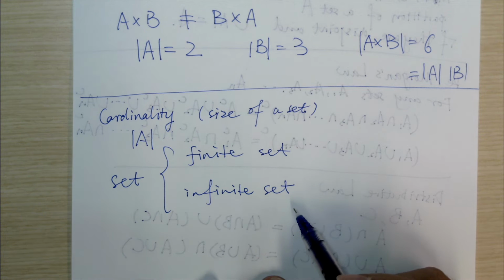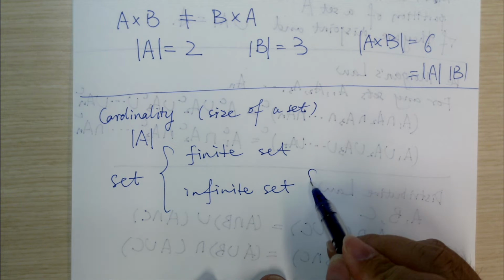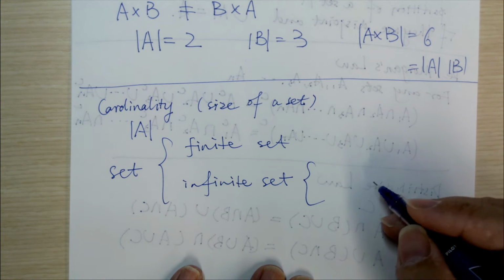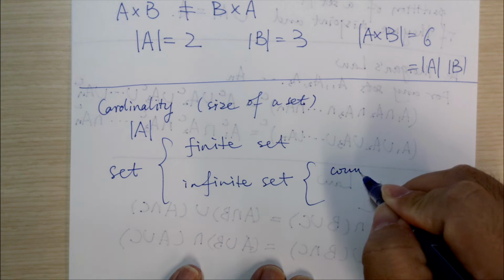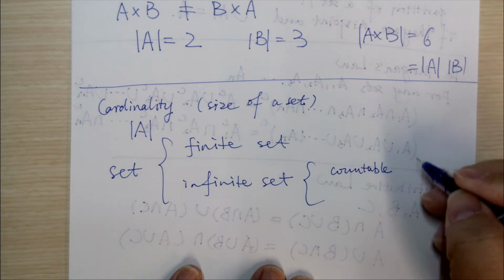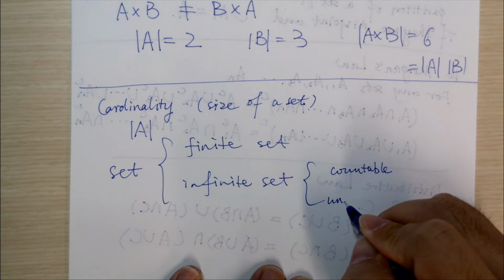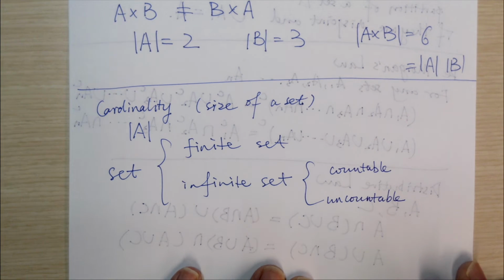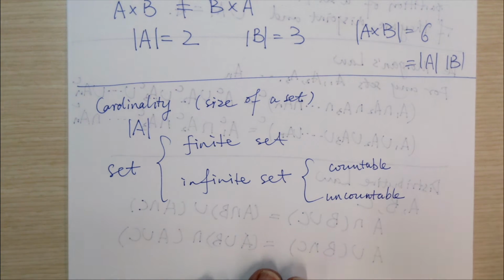If a set is infinite, it still has two categories. One is called countable, the other is called uncountable.